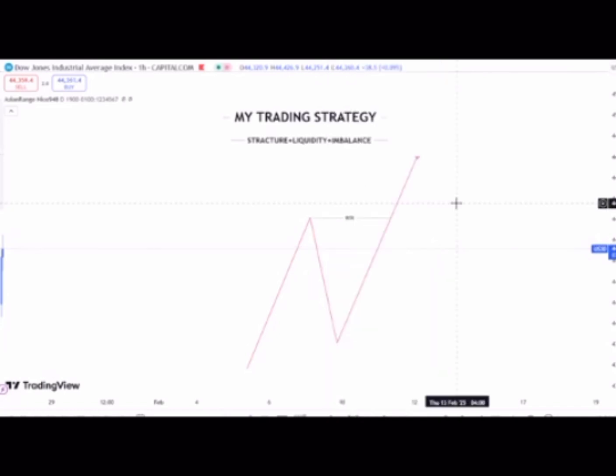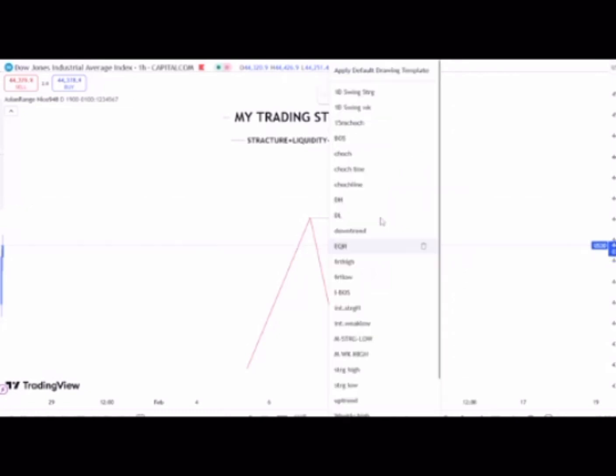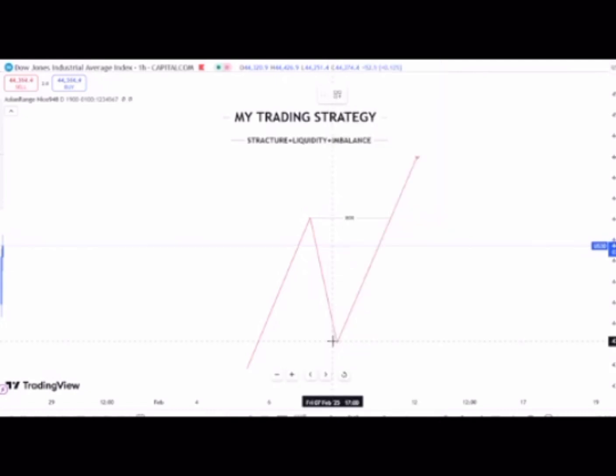I identify the high and the low of the market. The current low could be a daily high or a daily low. So let's say this is a daily low and a daily high. I pick my daily low, which is right here.